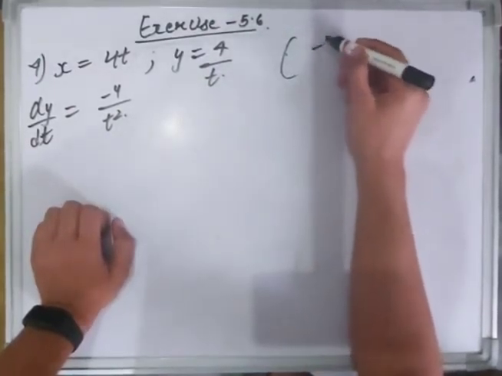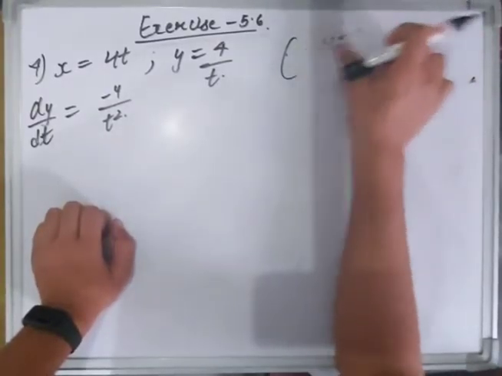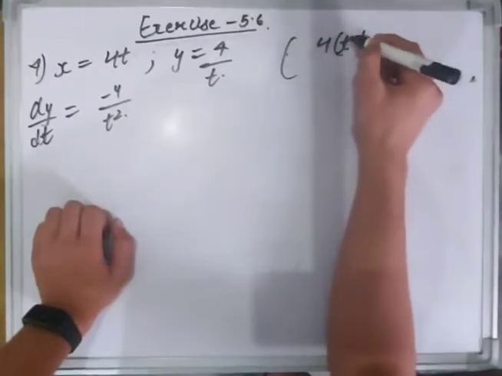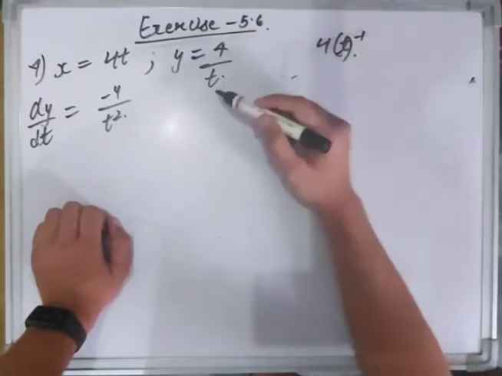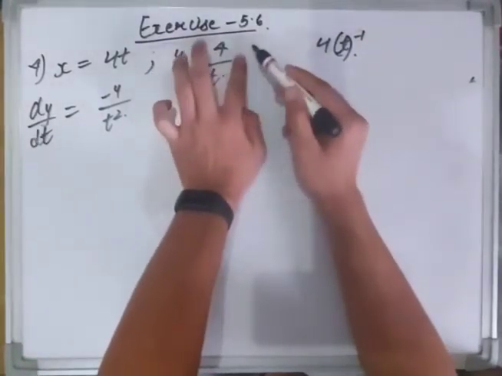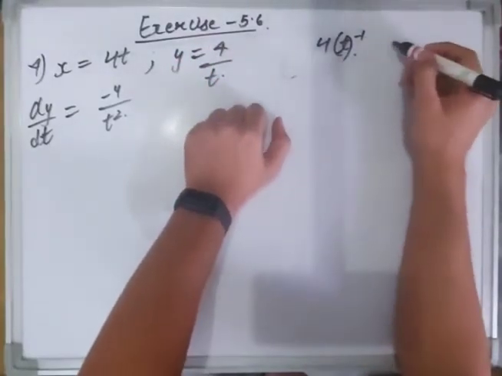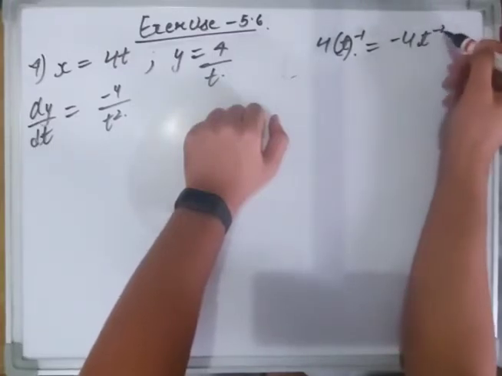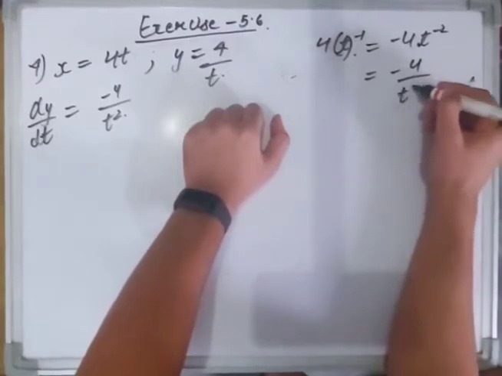How did I solve this? We have 4 and t raised to power minus 1. Can I write this? Yes, this is appropriate. The power of t is minus 1, so the derivative gives minus 4t raised to power minus 2.